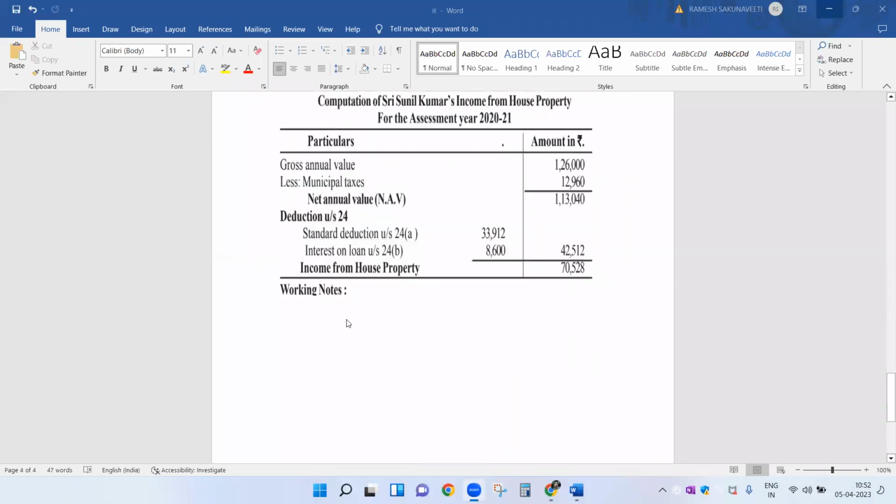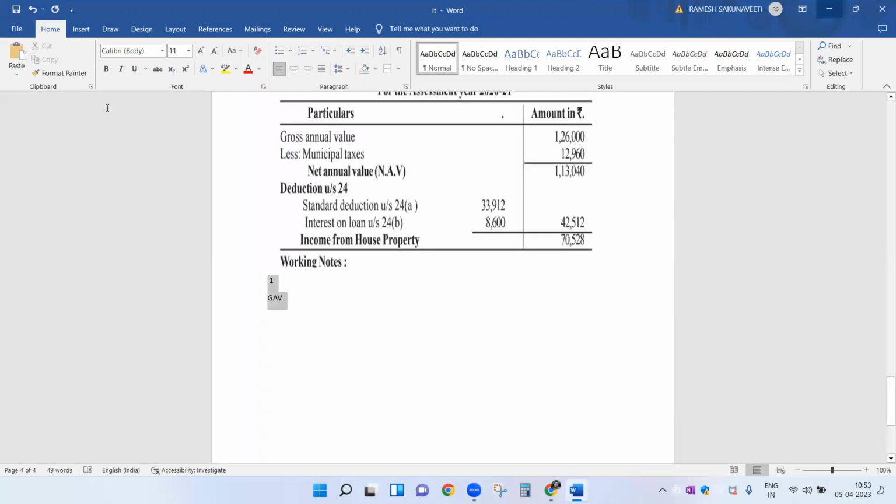Now you see. First, working notes, that is gross annual value. How to compute? 3 steps are there. GAV, you have to find out gross annual value. See, step 1, in finding out gross annual value, you have 3 steps.